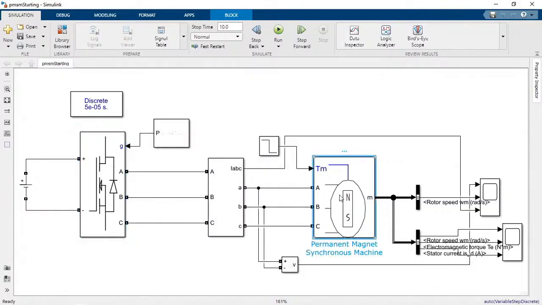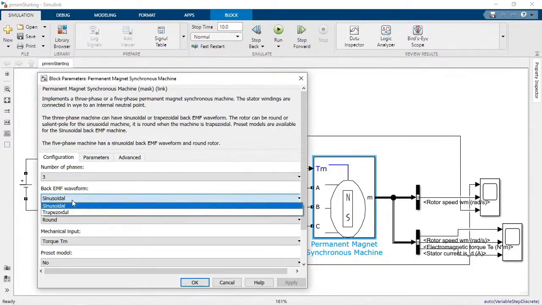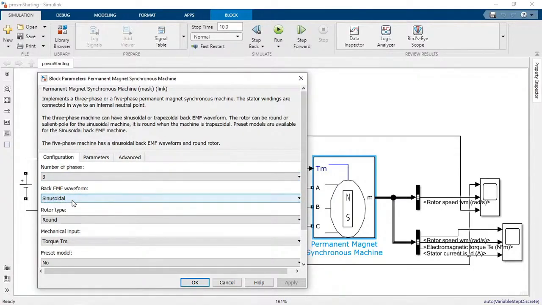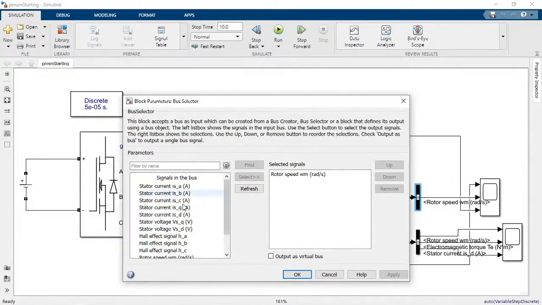And this is a permanent magnet synchronous machine, where we have to choose the sinusoidal function, not the trapezoidal. If you choose trapezoidal, it will act as a BLDC. If you choose sinusoidal, it will act as a PMSM. And again we have to add the bus selector to get the motor parameters.